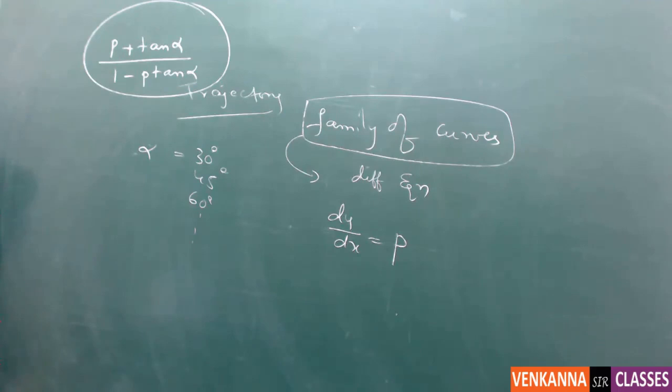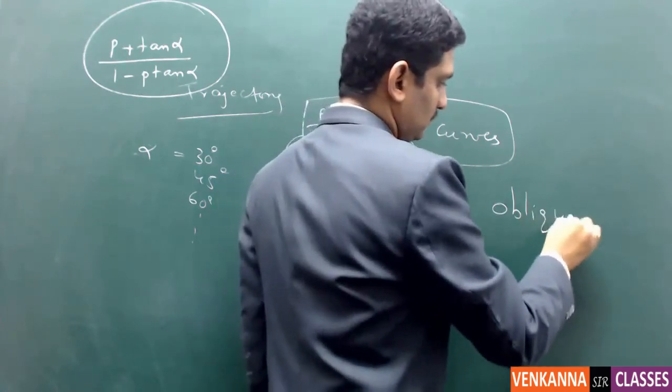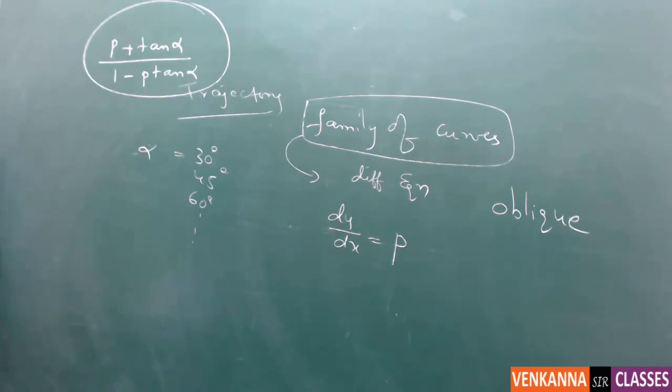This type of trajectory, we are going to call an oblique trajectory. Did you come across that word? An oblique trajectory is nothing but the curve which intersects each and every member of the given curves at a fixed angle.